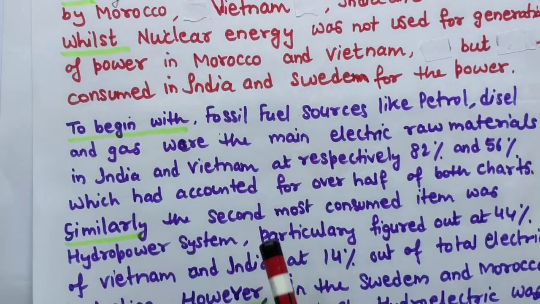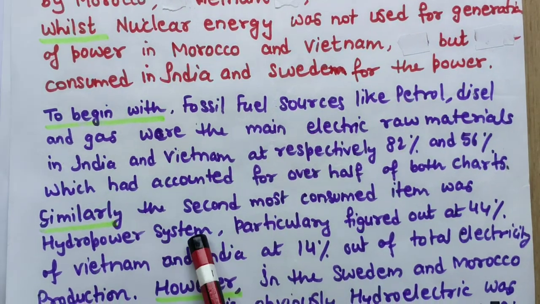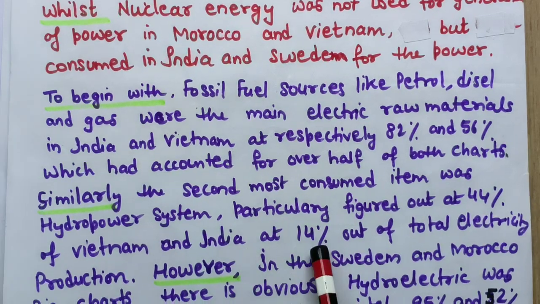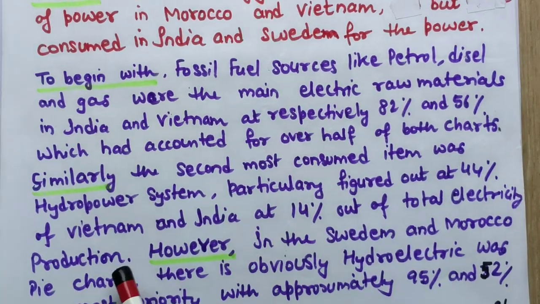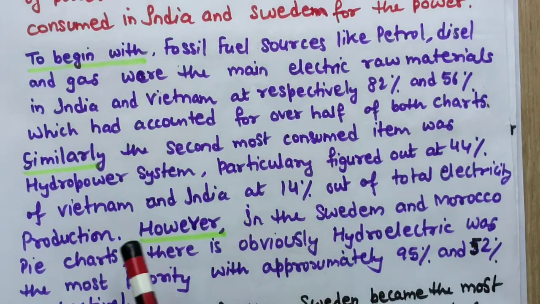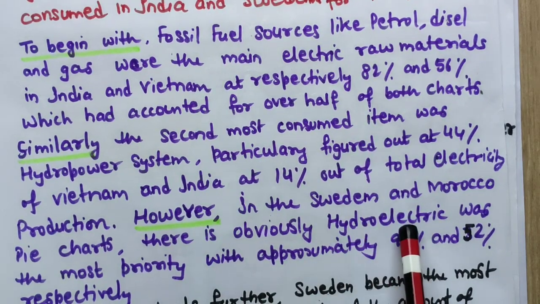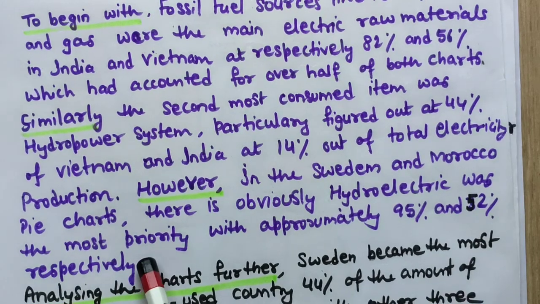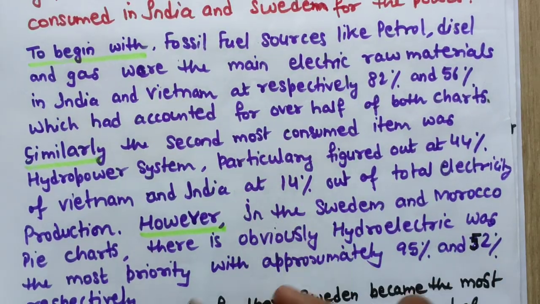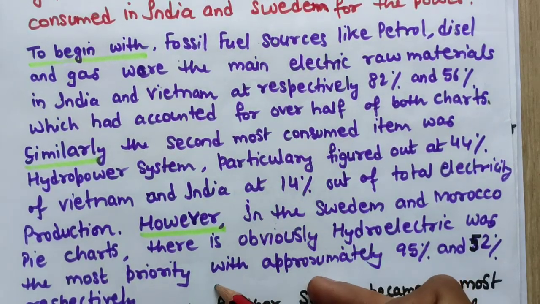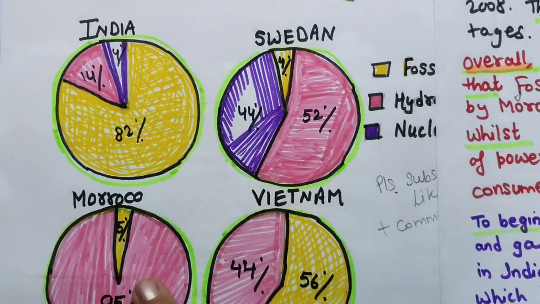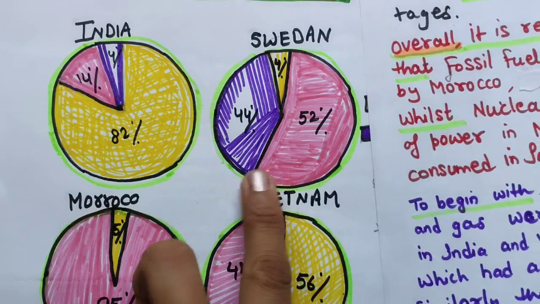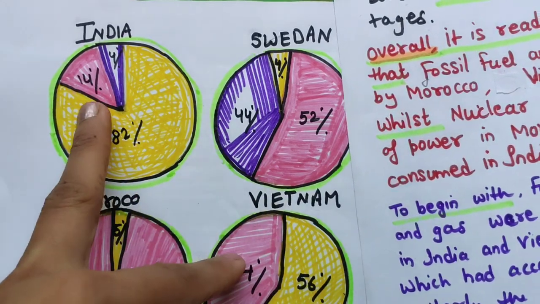However, in the Sweden and Morocco pie charts, hydroelectric was obviously the most priority, with approximately 95% and 52% respectively. So I have given it country wise, combining both countries' data, and here I have combined these 2 countries.